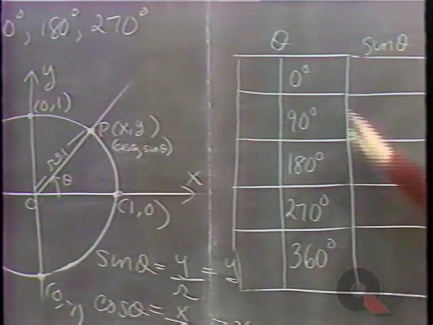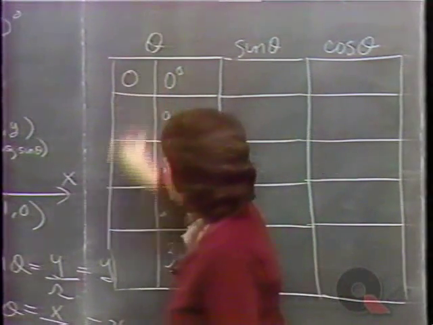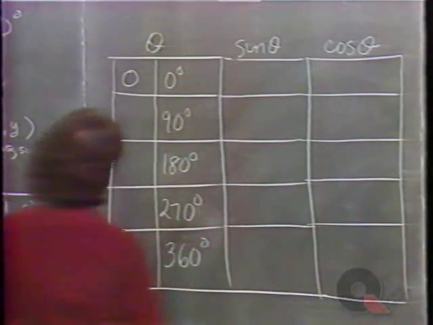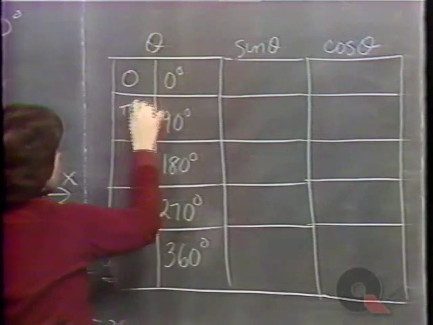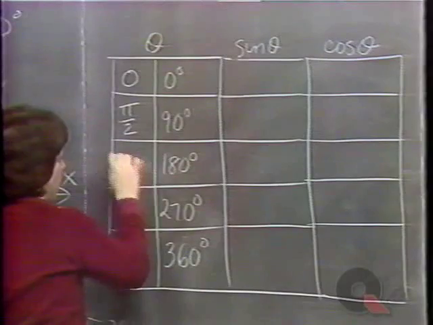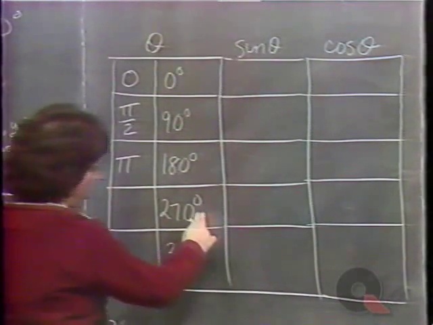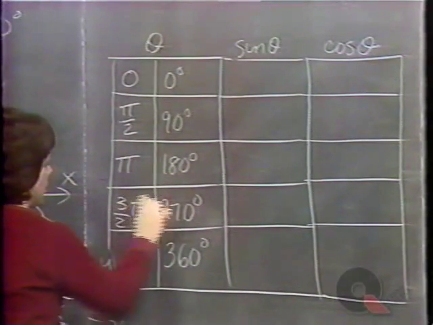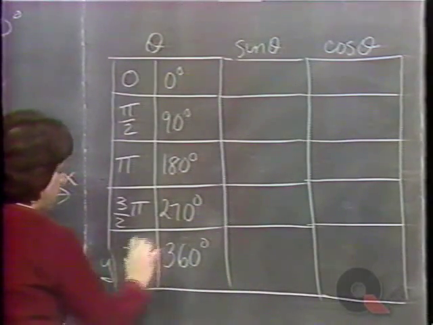Multiplying 0 by pi over 180 degrees still leaves us with 0. Multiplying 90 degrees leaves us with pi over 2. Multiplying 180 degrees leaves us with pi radians. Multiplying 270 degrees leaves us with 3/2 pi. And multiplying 360 degrees leaves us with 2 pi.